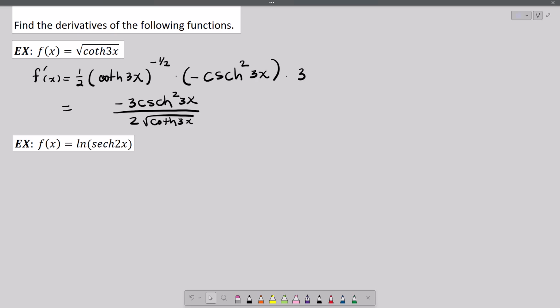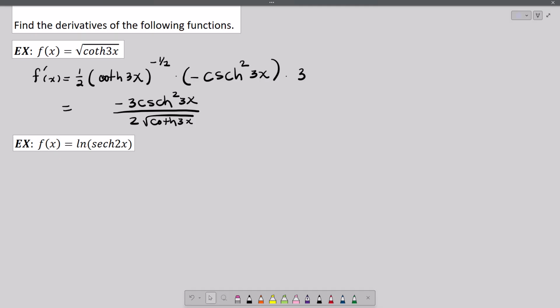Yeah, so remember your derivative rule for a log. 1 over the guts times guts prime. Derivative, 1 over the inside, times the derivative of the inside.